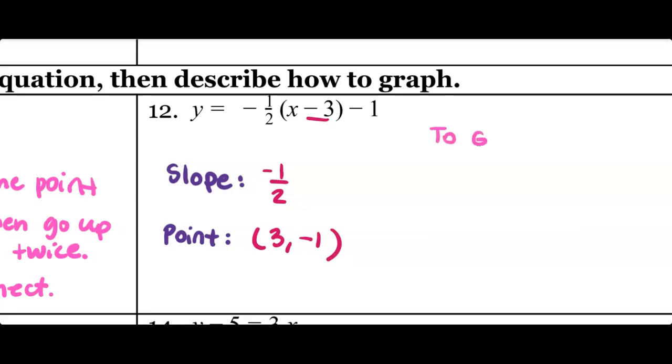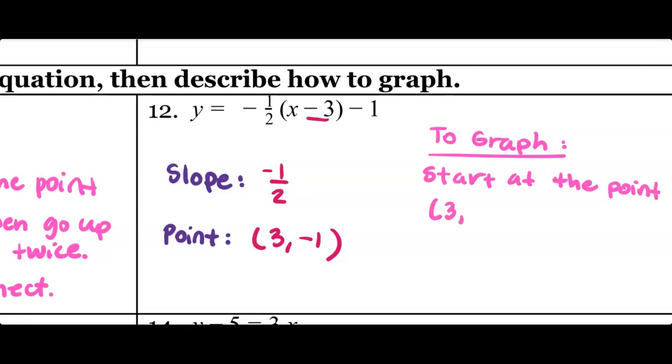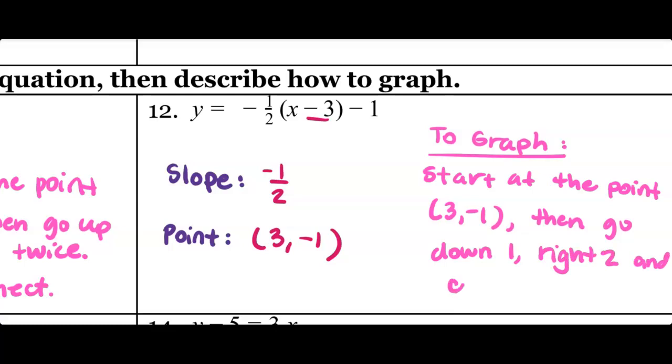So to graph this line, we are going to start at the point (-3, -1), then go down 1, right 2, and connect.